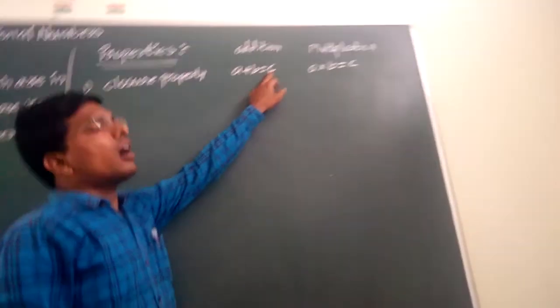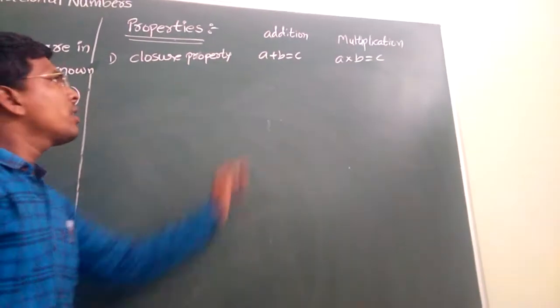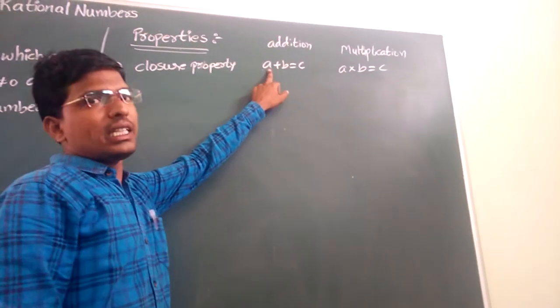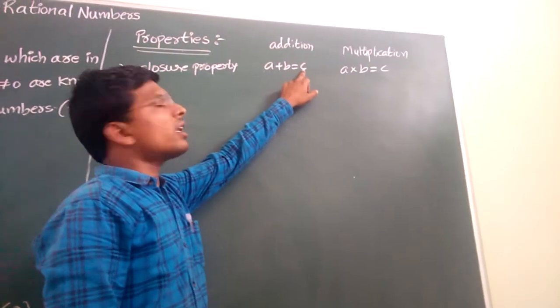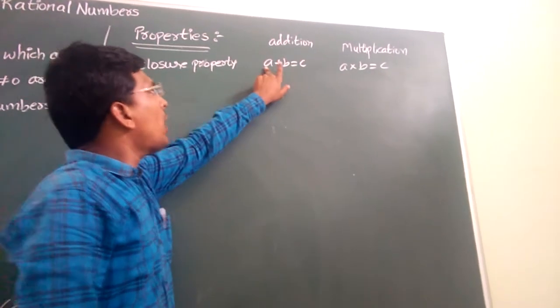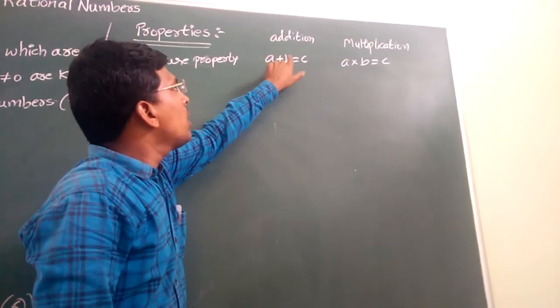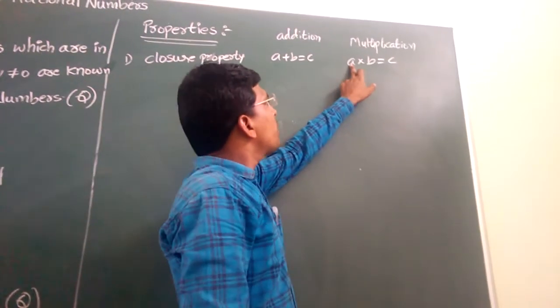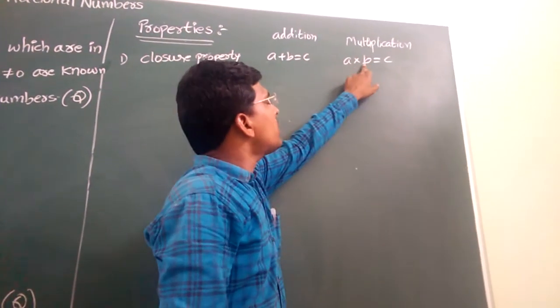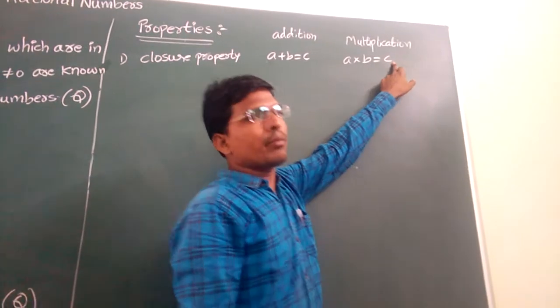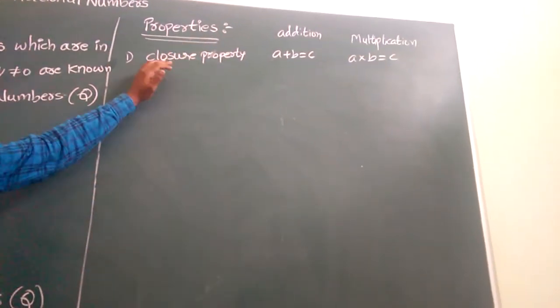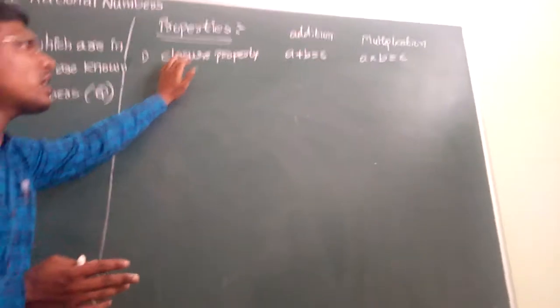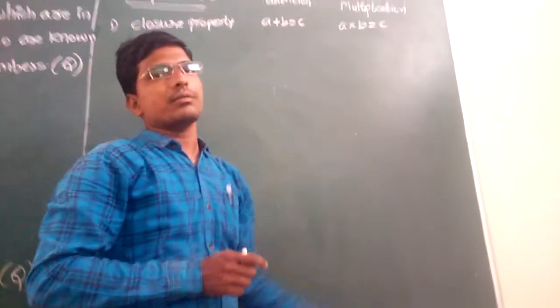Here a, b, c are any rational numbers. If you add any two rational numbers, again you will get one more rational number. Also, if you multiply any two rational numbers, you will get one more rational number. So this closure property is satisfied under addition and multiplication.